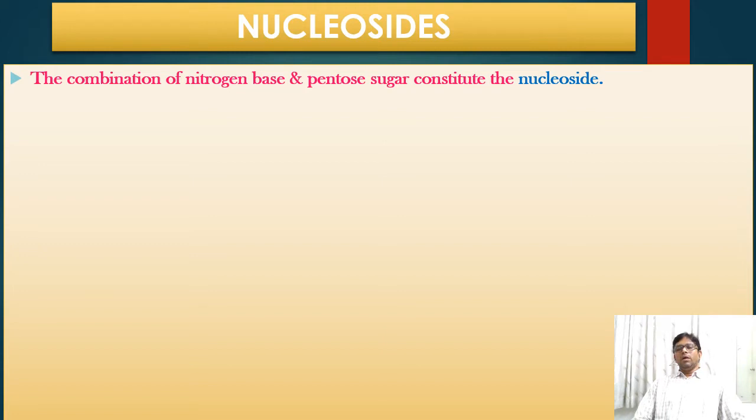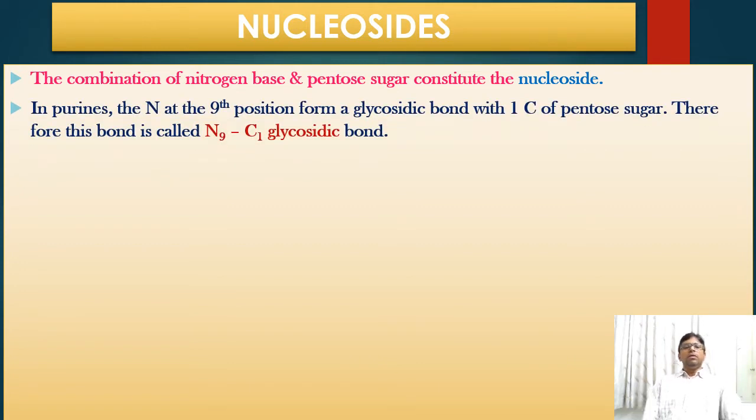Therefore, this bond is called N9C1 glycosidic bond. In purines, the nitrogen at the 9th position forms a glycosidic bond with first carbon of pentose sugar. Therefore, this bond is called N9C1 glycosidic bond.